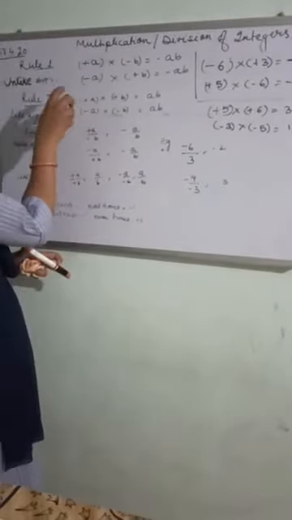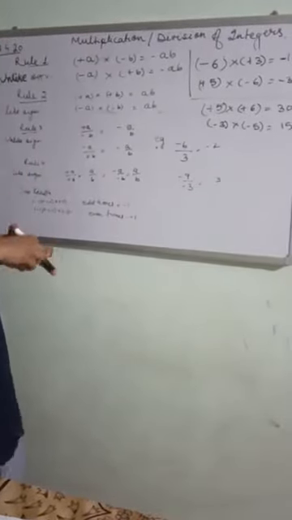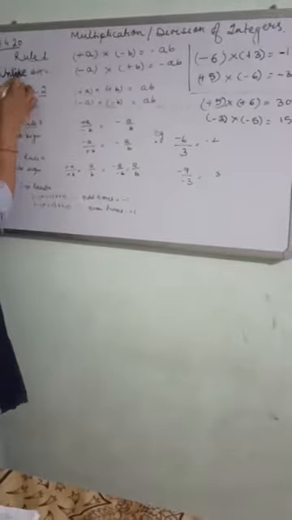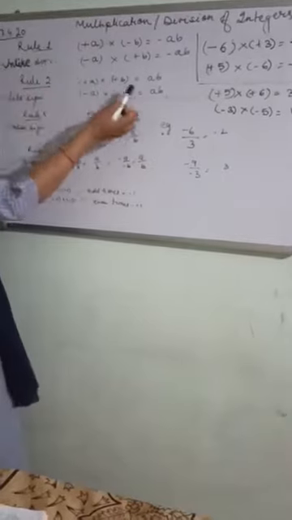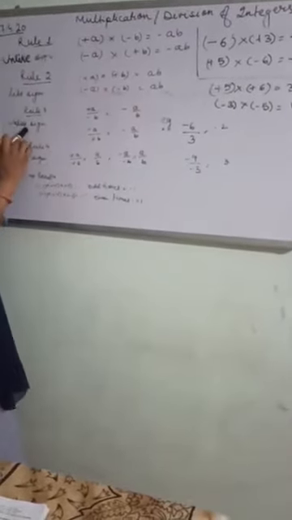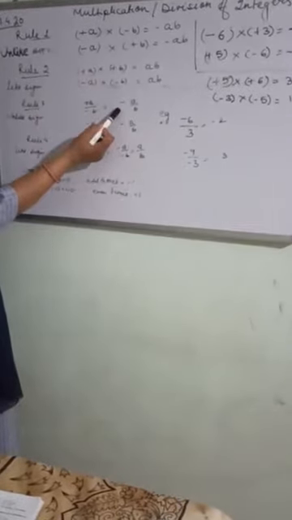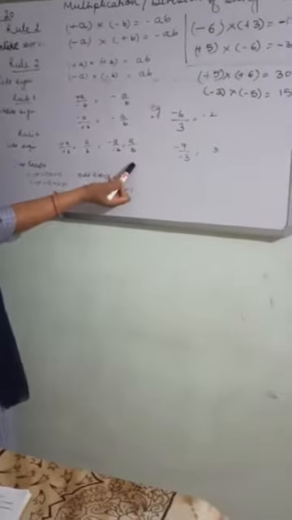So we are going for one recap, just a fast recap. 4 rules: unlike sign, negative, like sign, positive answer. Rule 3 for division: unlike sign, negative number, like sign, positive number. Right?